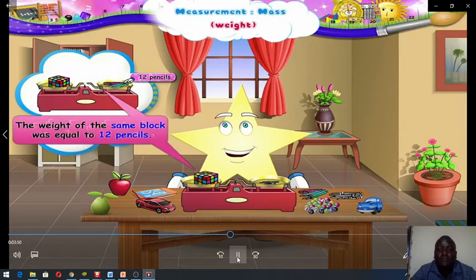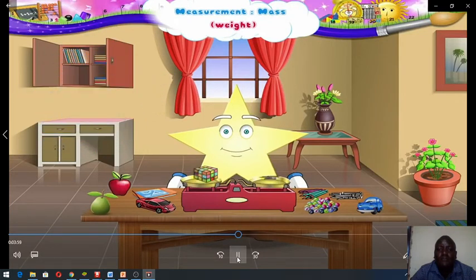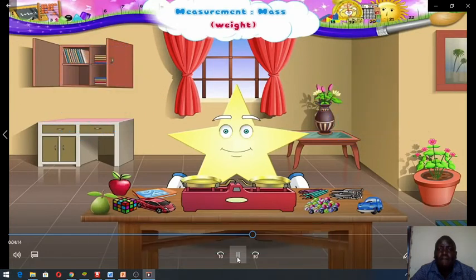Hey, but previously the weight of the same block was equal to 12 pencils. So, Starry, I am sure you have understood that if we weigh the same object with different things, its weight appears to be different. Starry, now it's your turn to find the weight of the apple.